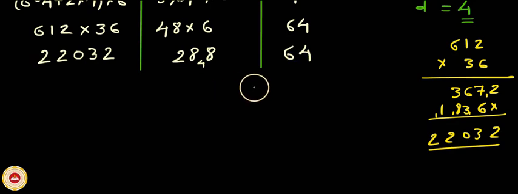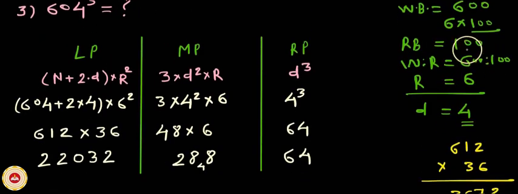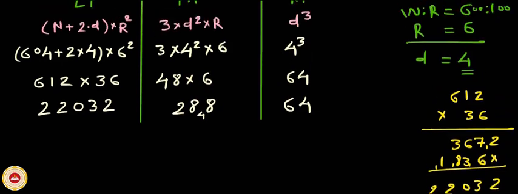So friends, we have calculated 3 parts: left part, middle part and right part. Now it is time to balance it. For balancing, let us count number of zeros in the real base. There are 2 zeros, so we need to have 2 digits in right part and middle part. In the right part there are 2 digits, so no need to make any changes with right part. Now in the middle part there are 3 digits.